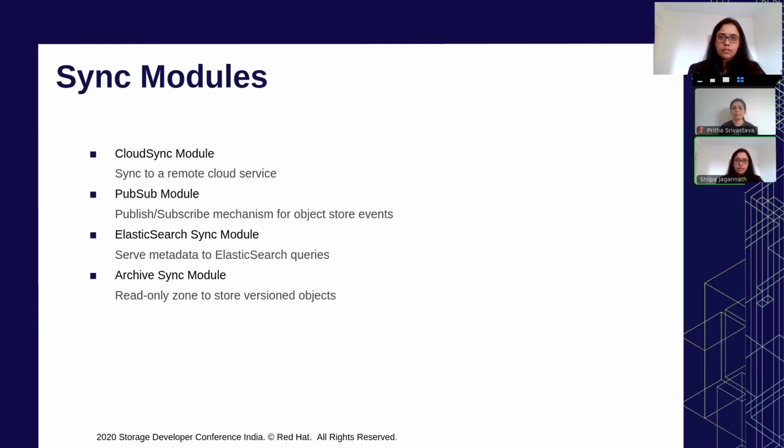The next one is Elasticsearch. This basically writes metadata from zones to Elasticsearch, which is an open source RESTful search engine that indexes different content types against which users can run complex queries.